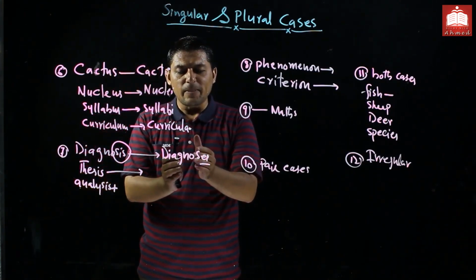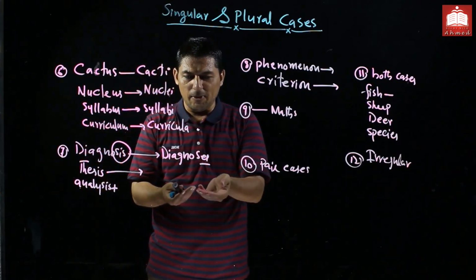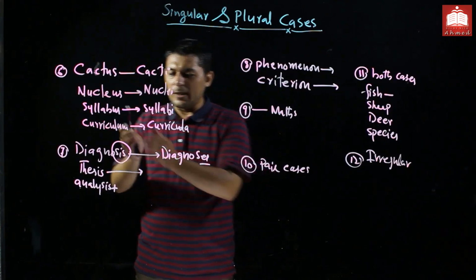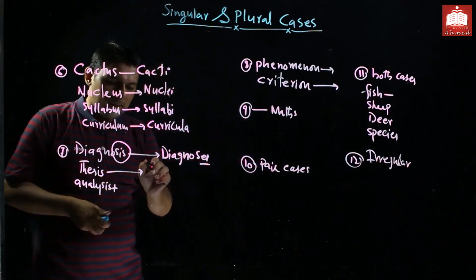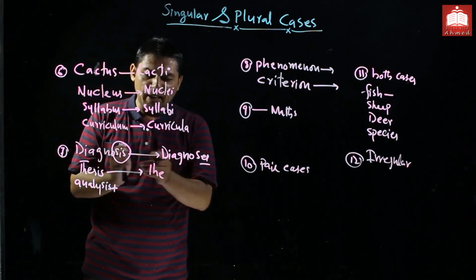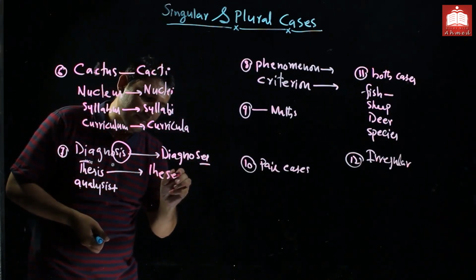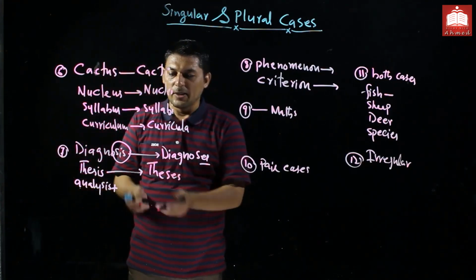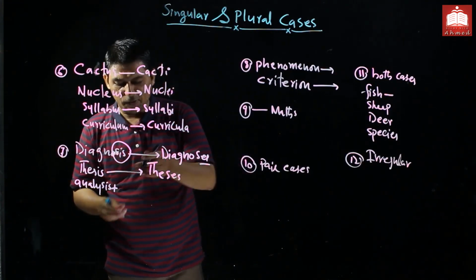Diagnoses has a Z sound and long I sound. In spelling and in pronunciation we have a difference. Clear? Thesis, one example, singular. Then by removing SIS, we have SES: theses. Analysis, crisis, and then we have more.